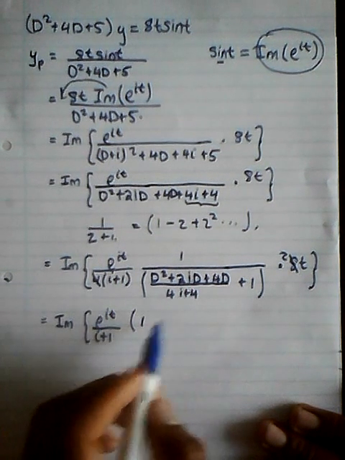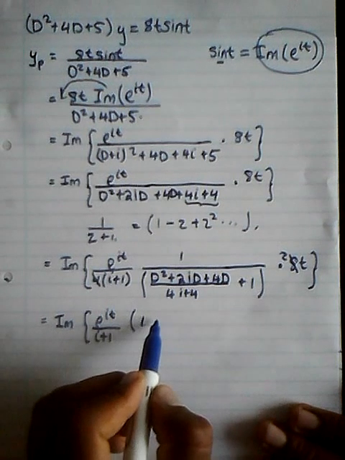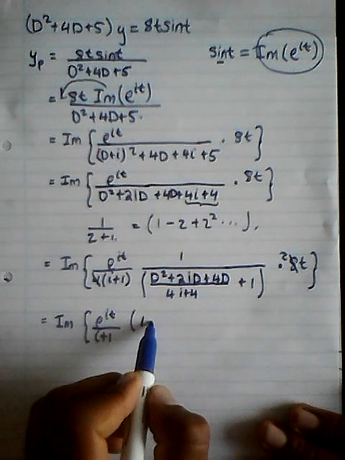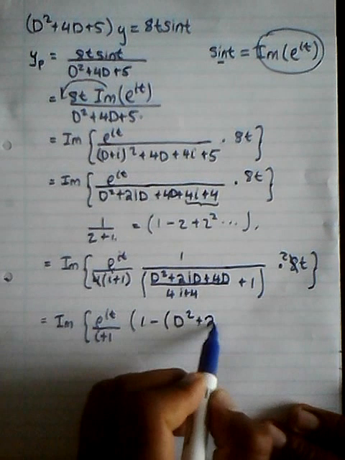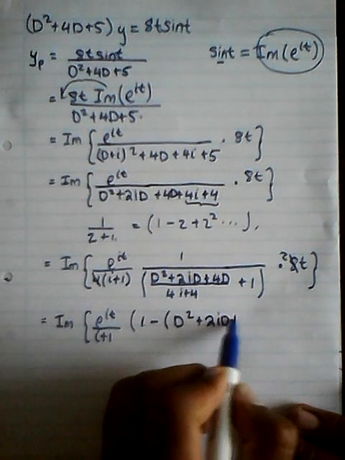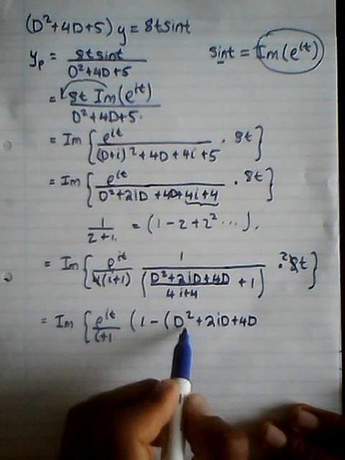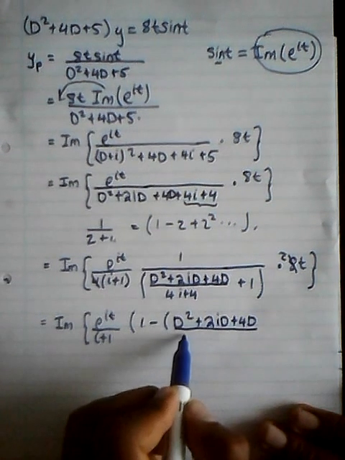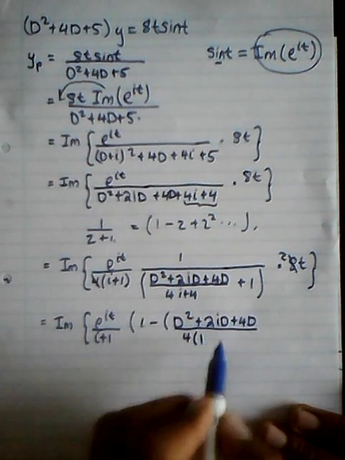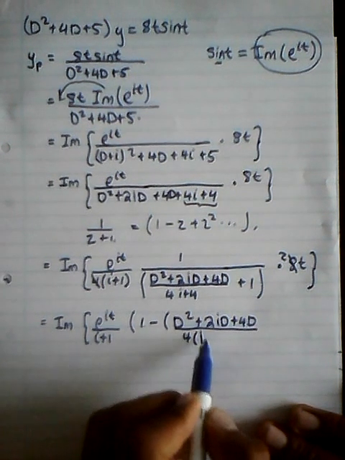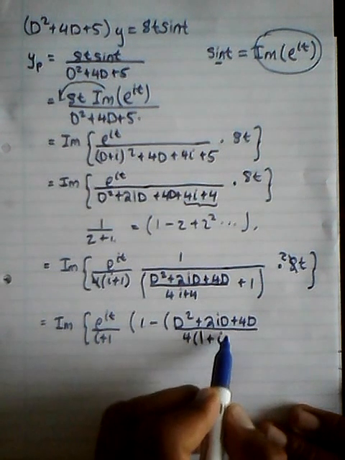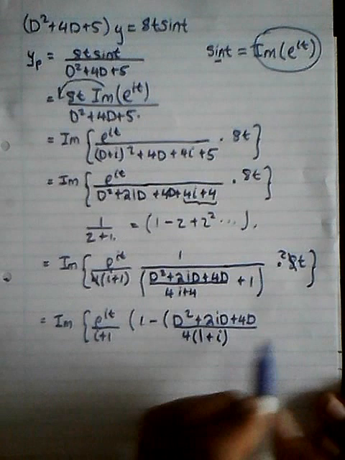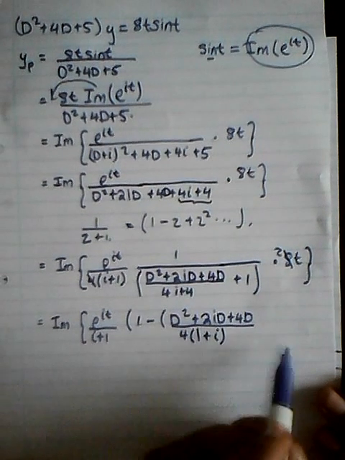So we're going to have this being 1. Okay, we're going to have 1 minus d squared plus 2id plus 4d, and this is divided by 4 into 1 plus i. Let me write what I'm saying so that you do not get confused.